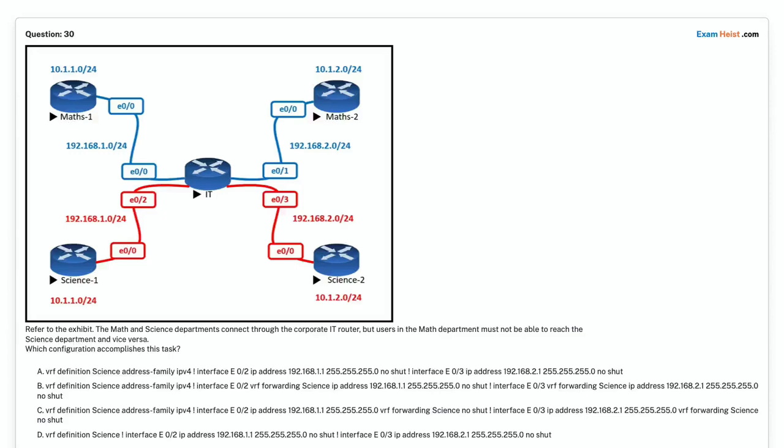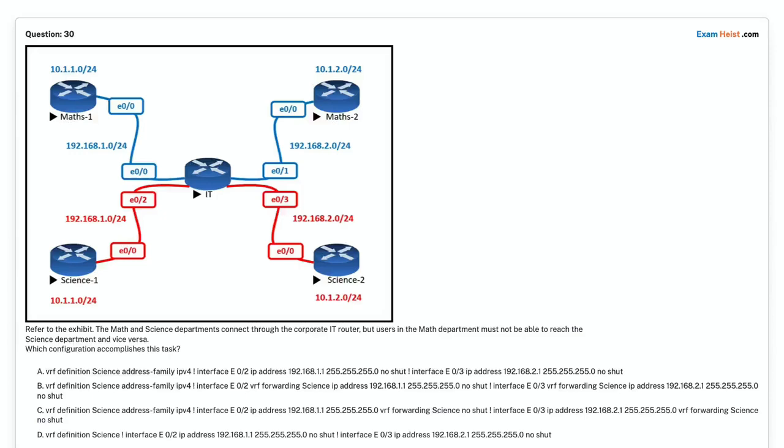Option B. VRF definition Science, address-family ipv4. Interface Ethernet 0/1, vrf forwarding Science, ip address 192.168.1.1 255.255.255.0, no shut. Interface Ethernet 0/2, vrf forwarding Science, ip address 192.168.2.1 255.255.255.0, no shut.